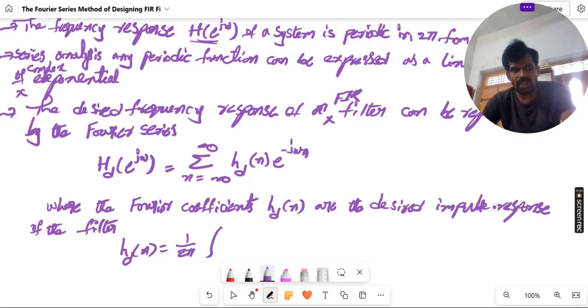As we discussed at the start, the frequency response H of e power j omega of a system is periodic in 2 pi. So the integration limits are minus pi to plus pi, the overall duration 2 pi, of the desired filter frequency response H d of e power j omega into e to the power of j omega n.